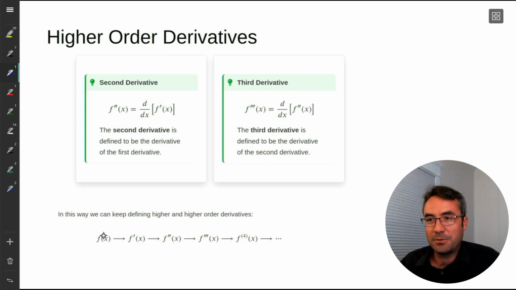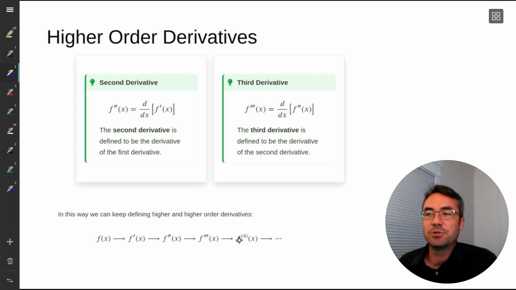So you start with your function, you differentiate once, you get your first derivative, f prime. Take this brand new function, differentiate it, you get the second derivative, f double prime. That's a brand new function, so take it, differentiate it, you get the third derivative, f triple prime. And then you can do it again, but we stop using primes at some point because it gets hard to read.